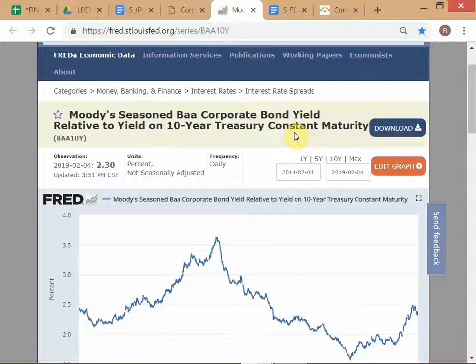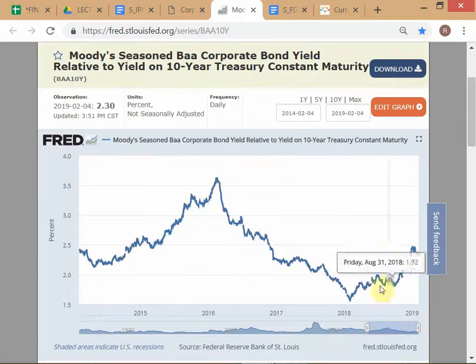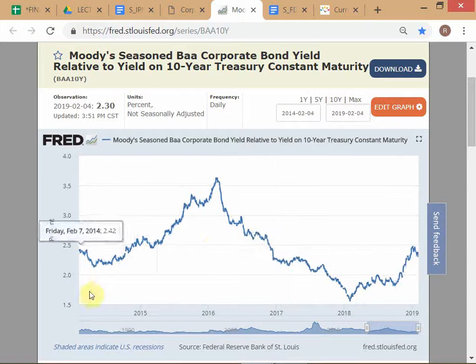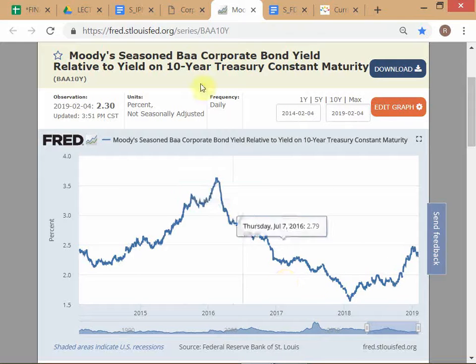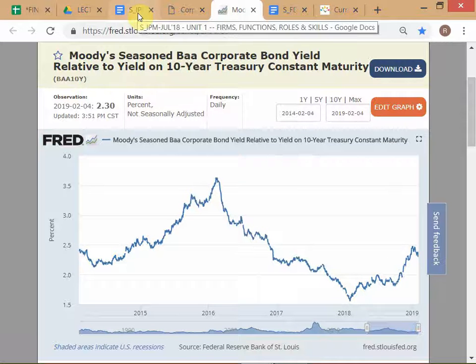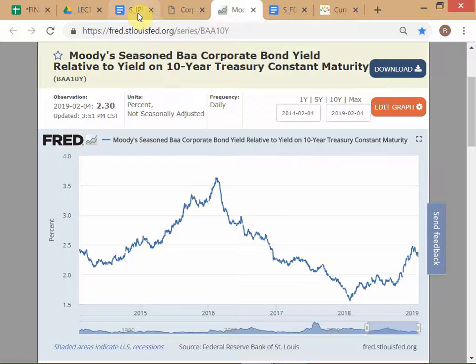What is this variable we are plotting here? Credit spread. Can you see why this is a credit spread? The scale shows percentage, 3.5 in 2016-17. What is the title telling you?